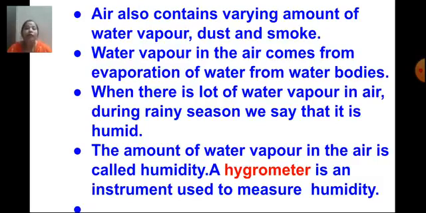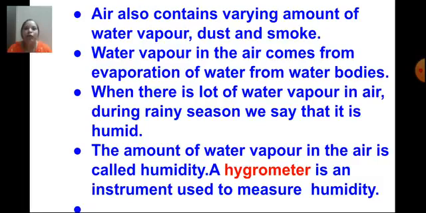Do you know where this water vapor in the air comes from? The water present in various water bodies like rivers, lakes, oceans and seas gets evaporated due to the heat of the sun and mixes with the air. As water vapor is lighter, it rises up into the air.